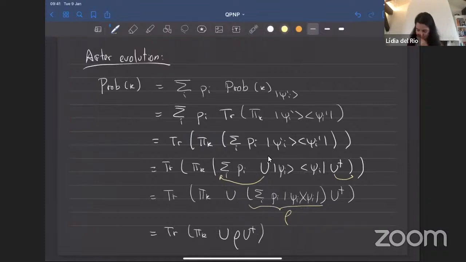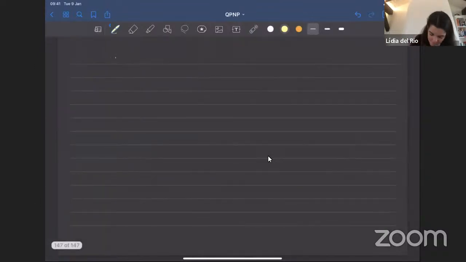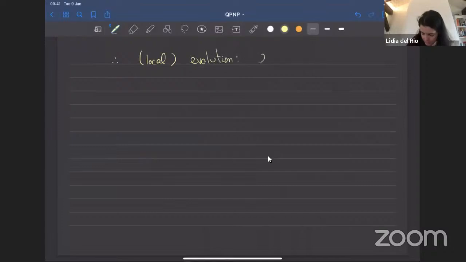And this is my evolved density matrix. So then what's the conclusion? I'll write here local, because we have only one subsystem and we're talking about local evolution of this subsystem. Rho goes to U rho U dagger.